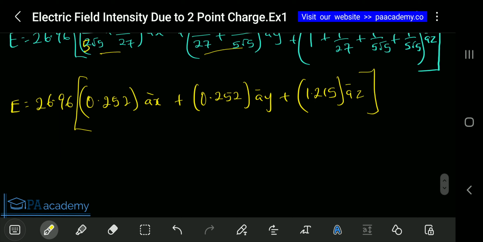With what we have there now, we can use 26.96 to multiply what we have in the bracket.